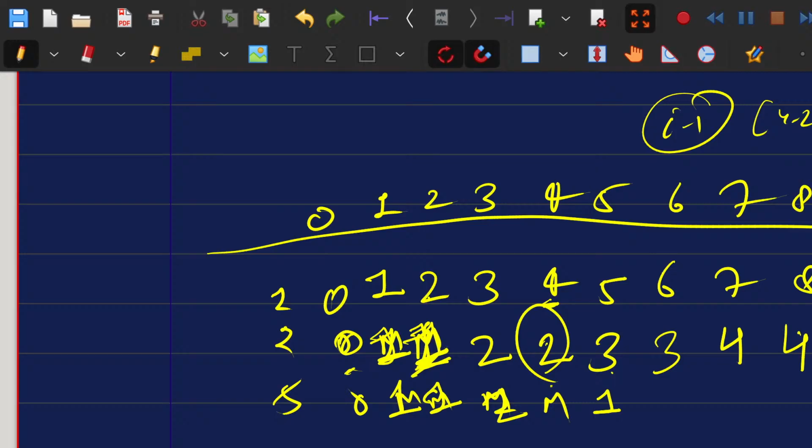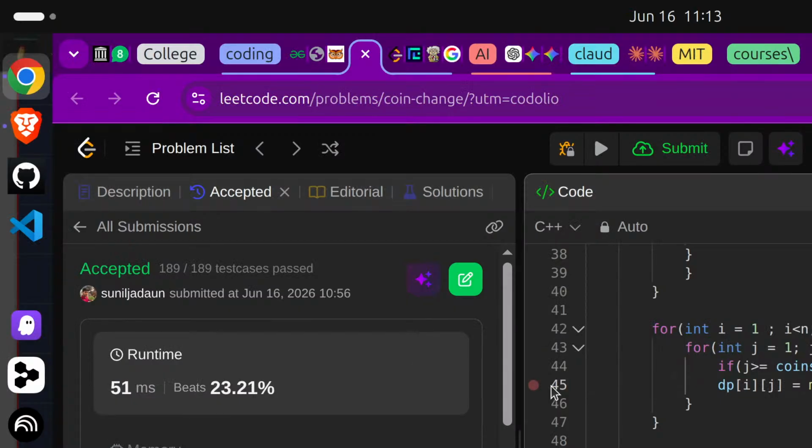If it is not like this condition, okay, else dp of i comma j is equal to dp of i minus 1 comma j, right?